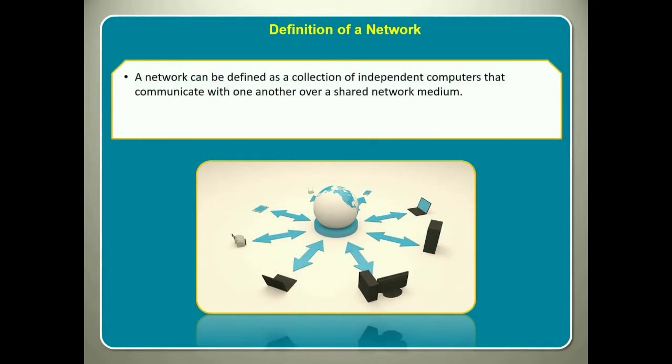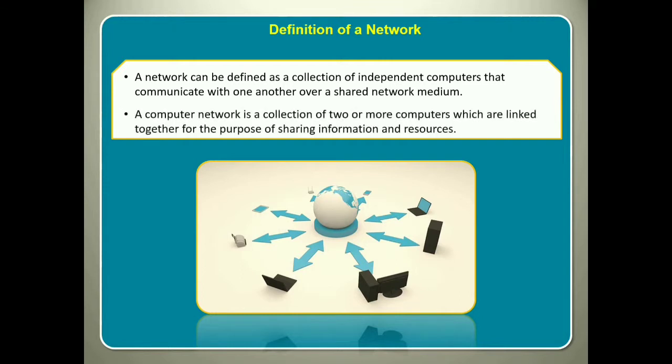We can define a network as any collection of independent computers that communicate with one another over a shared network medium. In other words, a computer network is a collection of two or more computers which are linked together for the purpose of sharing information and resources.